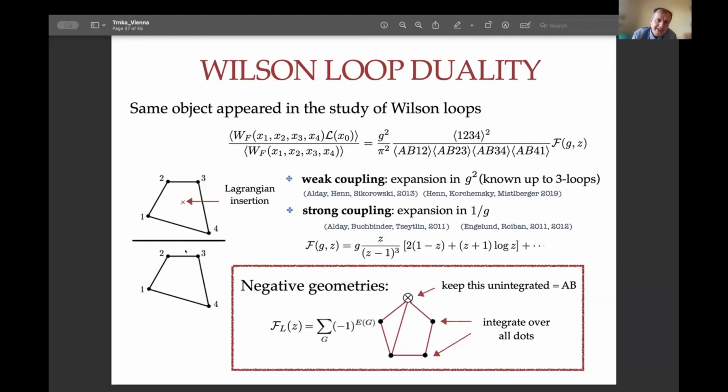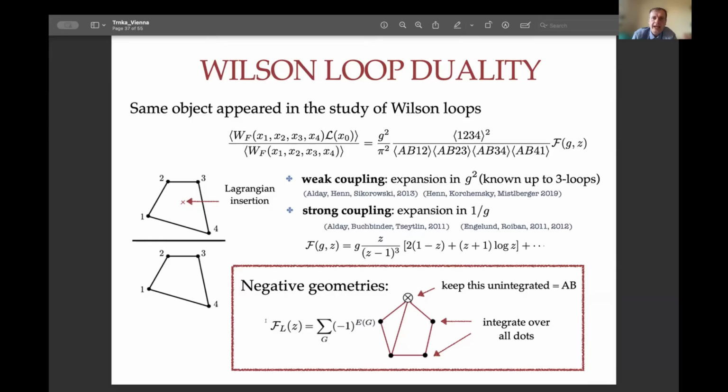This object was studied already extensively before. There are results at weak coupling up to 3 loops, and there is also a result at strong coupling using a dual ADS picture only at the leading order, which scales like G at the large G. At small g, it's an expansion in G square. So our prescription is following.